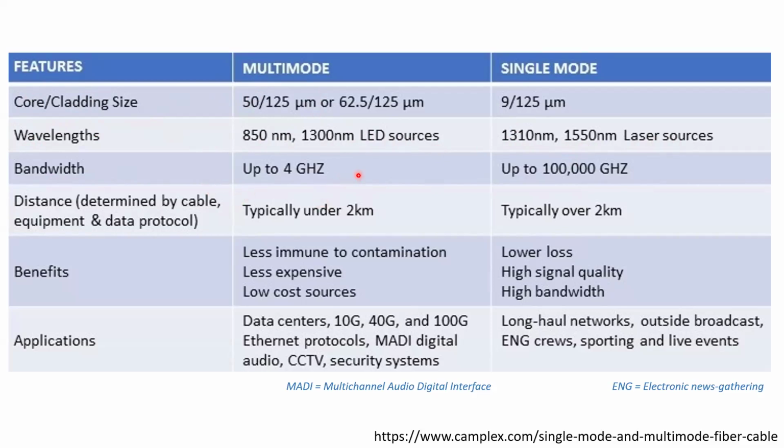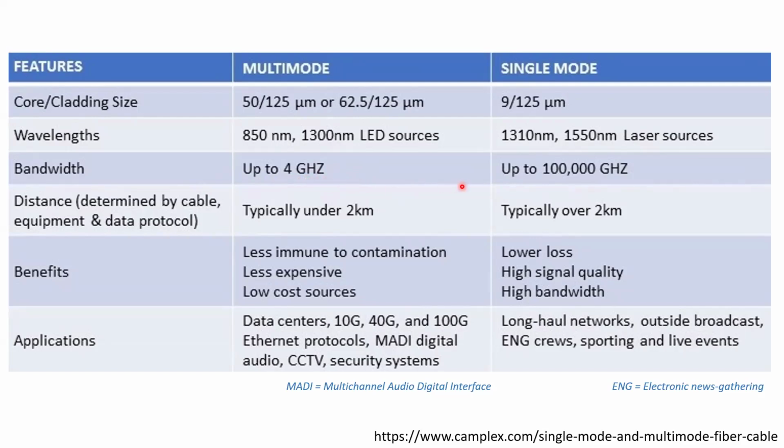Bandwidth, how high a frequency can you pass through it, and the cable is able to transmit that to the other end, and so it's still recognizable and not aliased, which means distorted in a certain way. The frequency, right? So up to 4 gigahertz for the multi-mode.